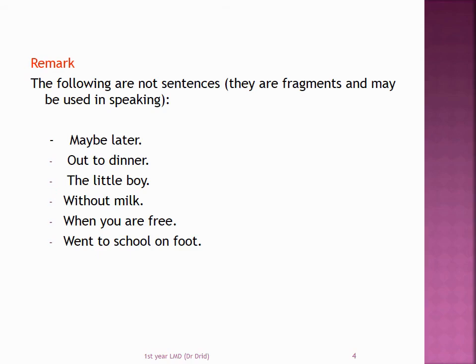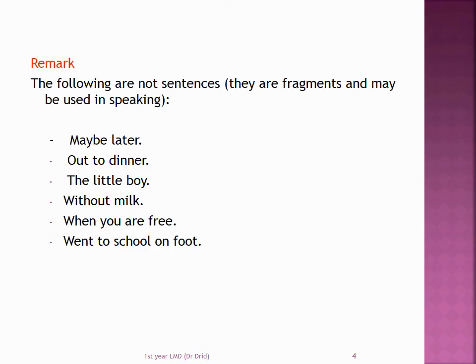We cannot consider them as sentences because they do not consist of a subject and a predicate, and sometimes they do not express a complete thought. Maybe later doesn't contain a subject or a predicate. Out to dinner, the same thing. The little boy is a subject without a predicate, without milk.